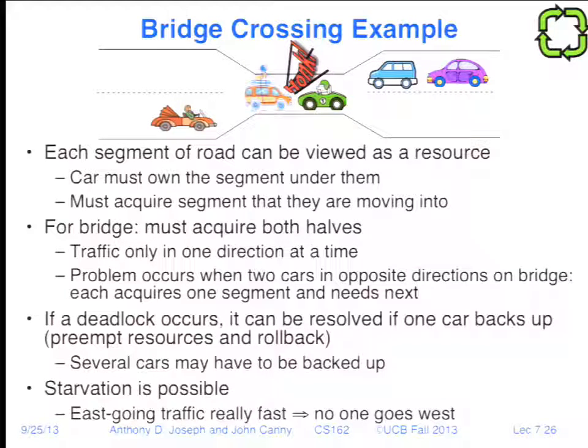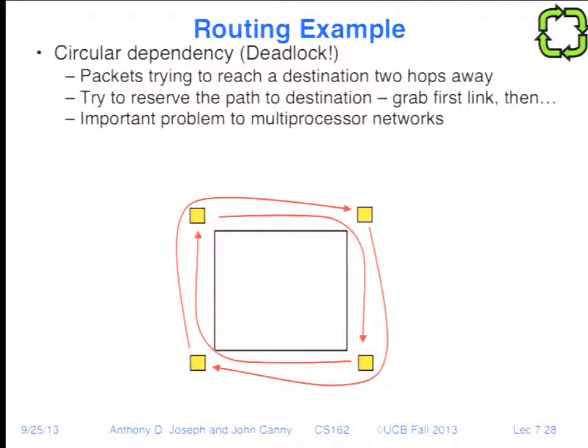All right. So a more realistic example comes from routing on multi-core processors. In a multi-core processor, you have some kind of interconnect, physical wired interconnect network. And you try to route messages from one processor to another.